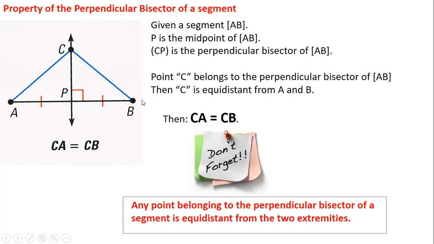What do we mean by extremities? The extremities of the segment are A and B. The starting point and the ending point are the extremities of the segment.